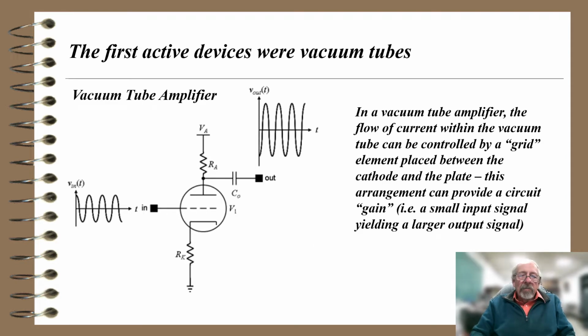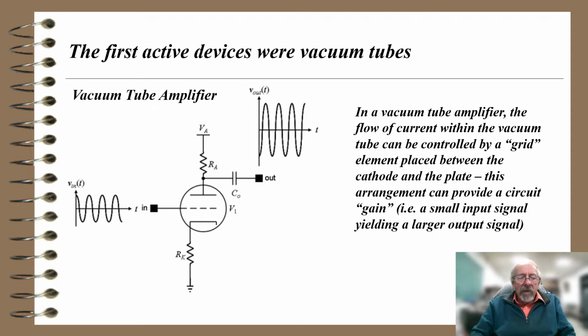So the first active devices were vacuum tubes, as we've noted before, and here is what's called a triode vacuum tube amplifier. The triode is because there are now three elements in the tube: the plate, the grid, and the anode or cathode. As they show in this diagram, they put a small sine wave into the grid.